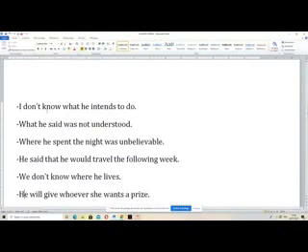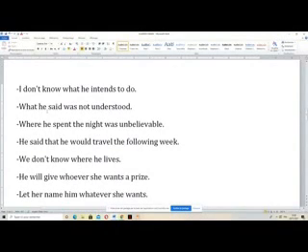Next, let's see other functions of the noun clause. Remember that the function of a noun clause is like a noun.